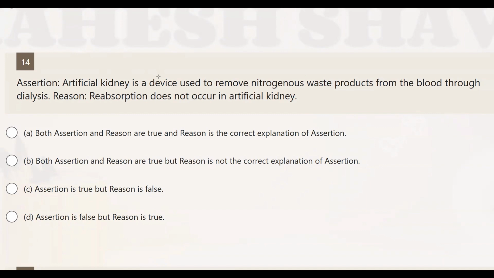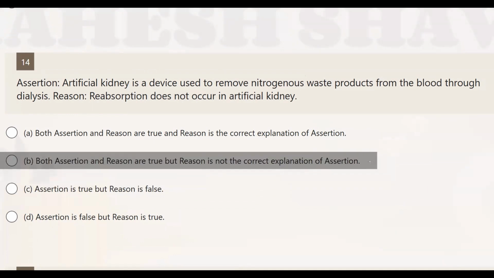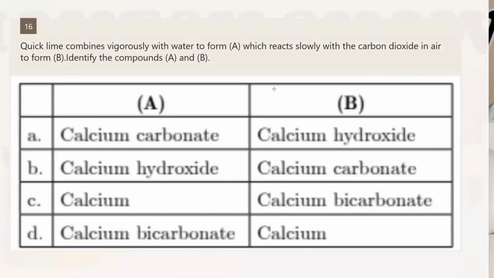When blood is filtered in the normal kidney, excess water, glucose, and salts are reabsorbed in the tubular part of the nephron. But reabsorption cannot take place in the artificial kidney. That's the limitation. So we'll say that B will be correct. Both are true, but it's not the correct explanation.